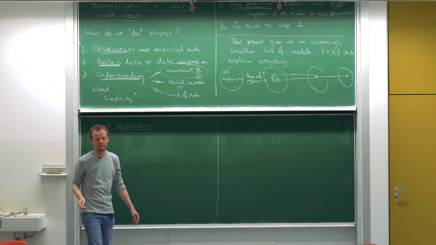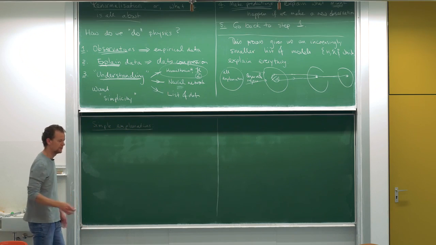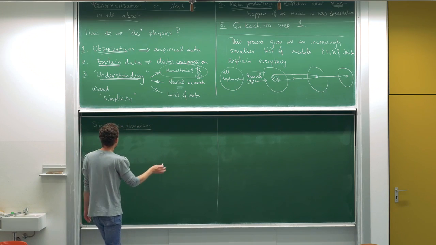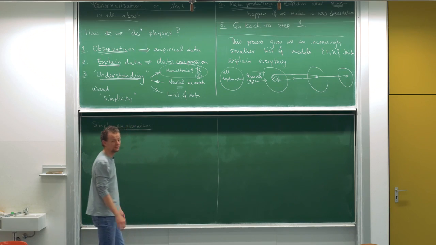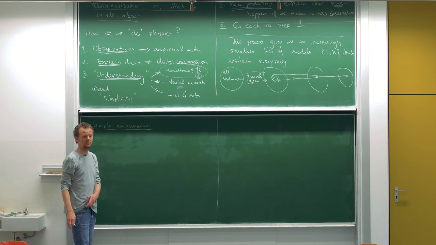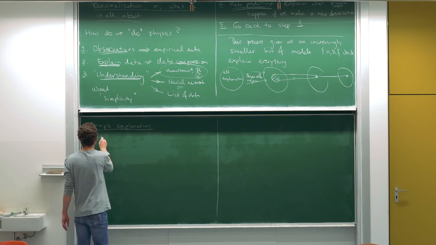Okay, let's focus on the topic of simple explanations. For us in this course, and for most physicists I hope, they're going to be Hamiltonians that depend on some number of unknown parameters.